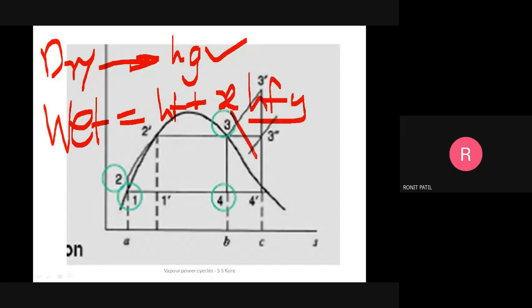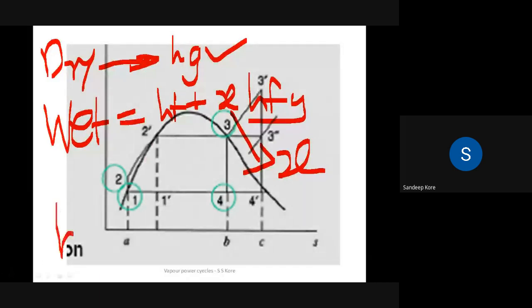What is this x? x is called the dryness fraction. What does it indicate? How much water and how much vapor is there. That is given by the dryness fraction. So Hf means sensible heat, x is dryness fraction, Hfg means latent heat. So we can find the enthalpy of wet steam.